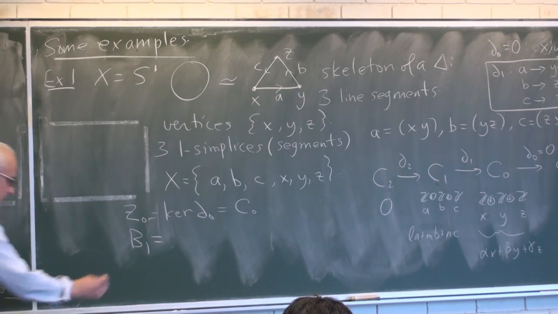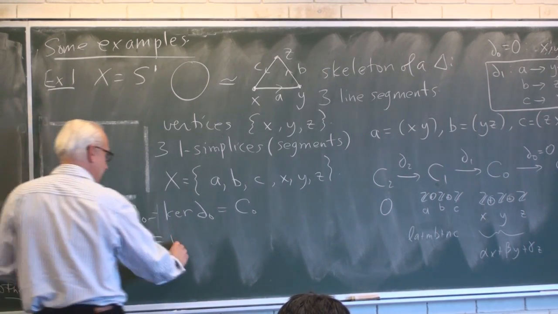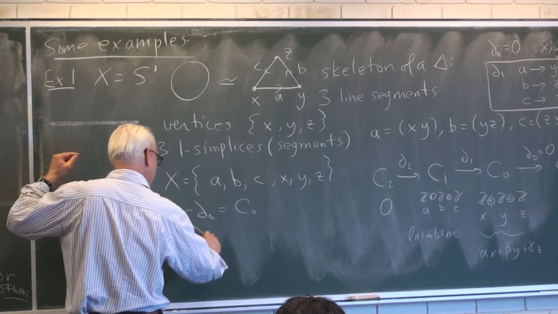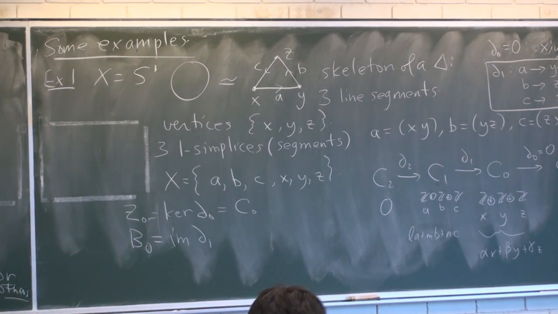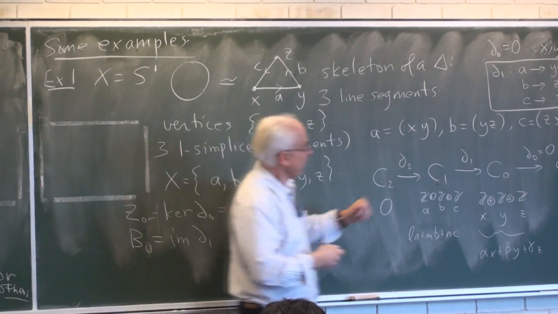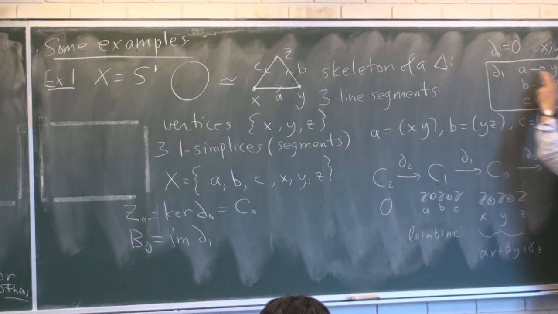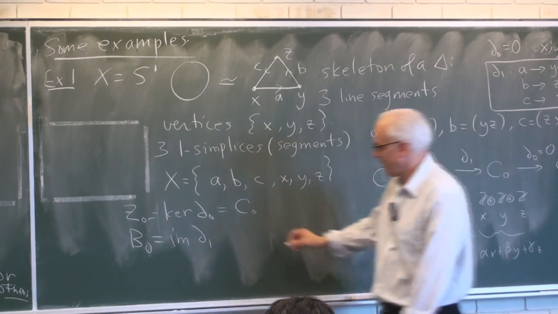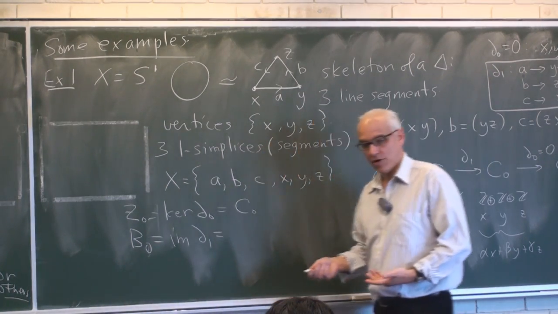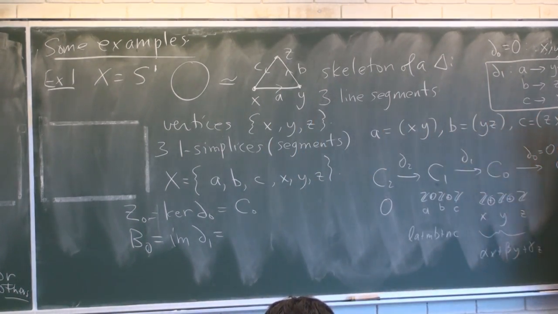So the boundary B0 is the image of del1. So it's what we get from the images of the boundary one higher. So we know that A gets sent to y minus x, B gets sent to z minus y, and C gets sent to x minus z. So the boundary B0 is the subgroup of C0 generated by y minus x, z minus y, and x minus z.